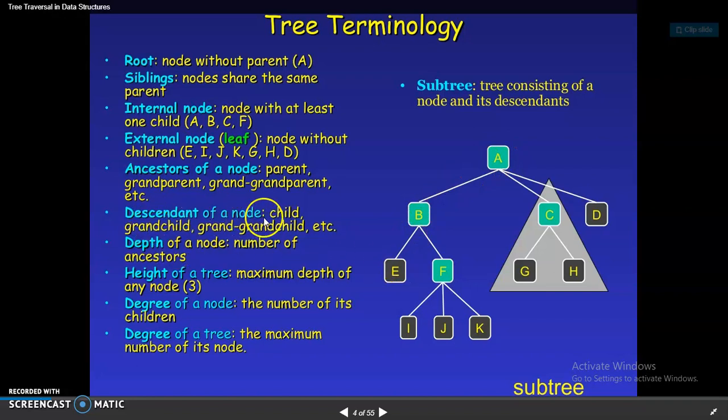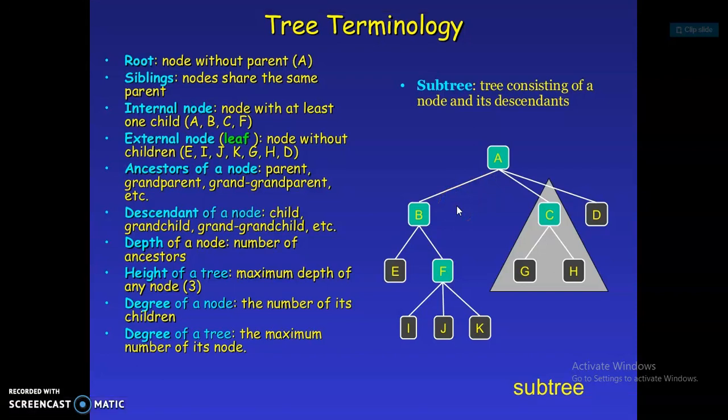And descendant of a node, that is a grandchild or a child of a node. For A, the descendants are B, a direct child of the node, and E and F, the grandchildren of A, and I, J, K are also descendants of A. The descendants are all the derived nodes extracted from the particular node.